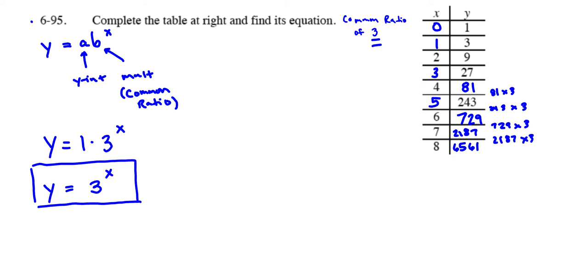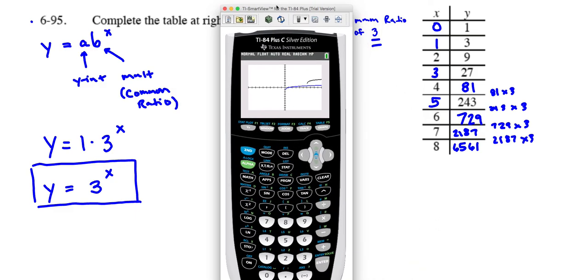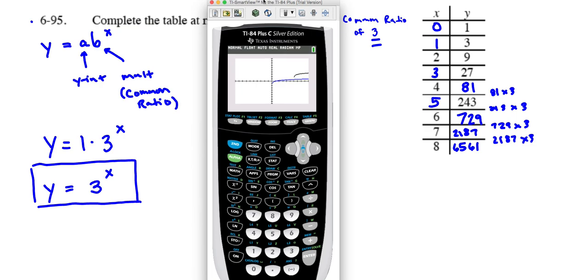If you want to check it, you can grab out your graphing calculator. I'm going to grab mine out here. Oh, it has opened. All right, so let's clear out what's in there.